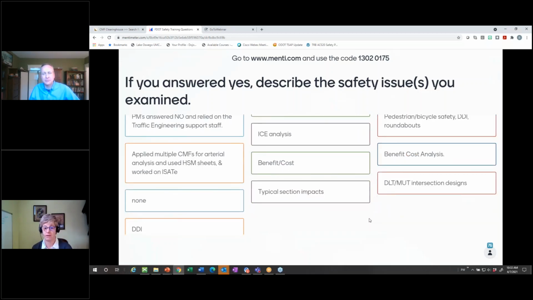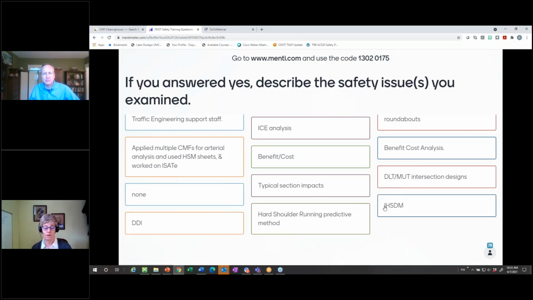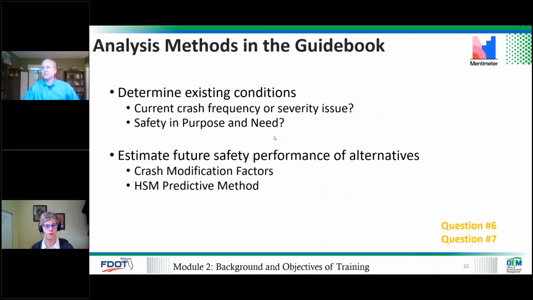Typical section impacts. Direct left turn, medium U-turn. Hard shoulder running. I was just talking with a colleague about that this morning. It's a hard one to predict still. Okay. All right, well, we got an idea on the gamut of the issues. Back to you, Catherine.